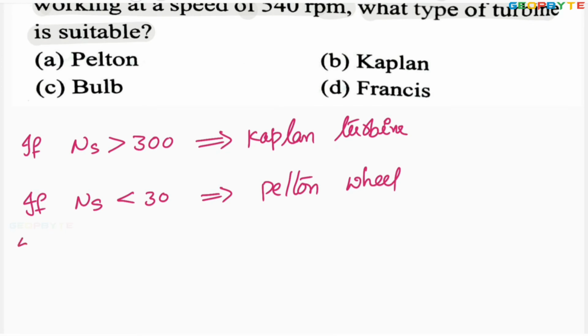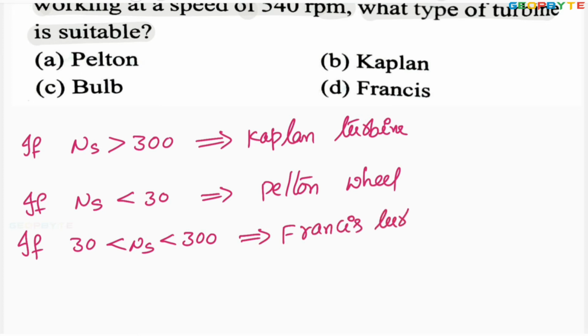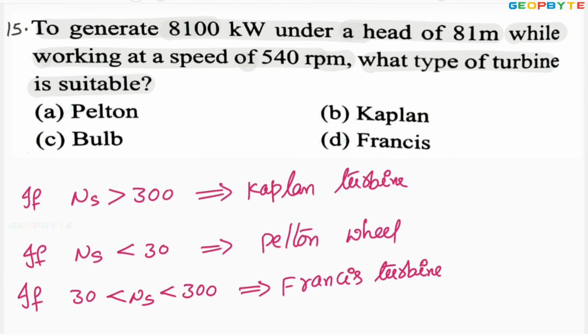If the specific speed is less than 300 but above 30, you can select the Francis turbine. For that, you need to find the specific speed.